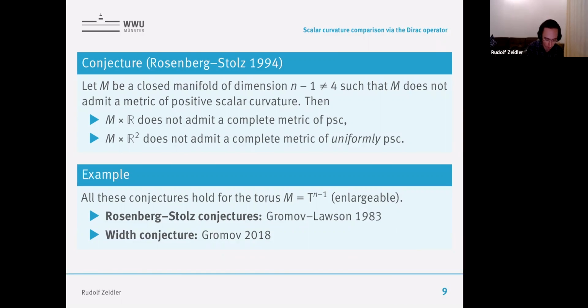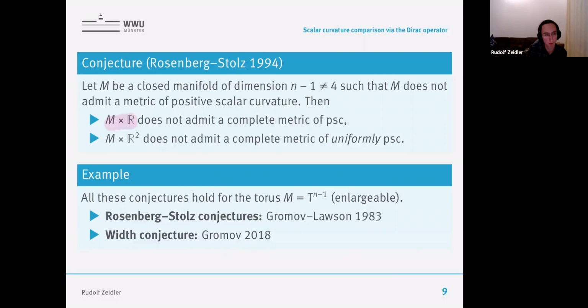At least there were some results on this already. So here the conjecture is that, again in the same situation, if you have such a manifold which does not admit positive scalar curvature, then the manifold M cross R does not admit a complete metric of positive scalar curvature.